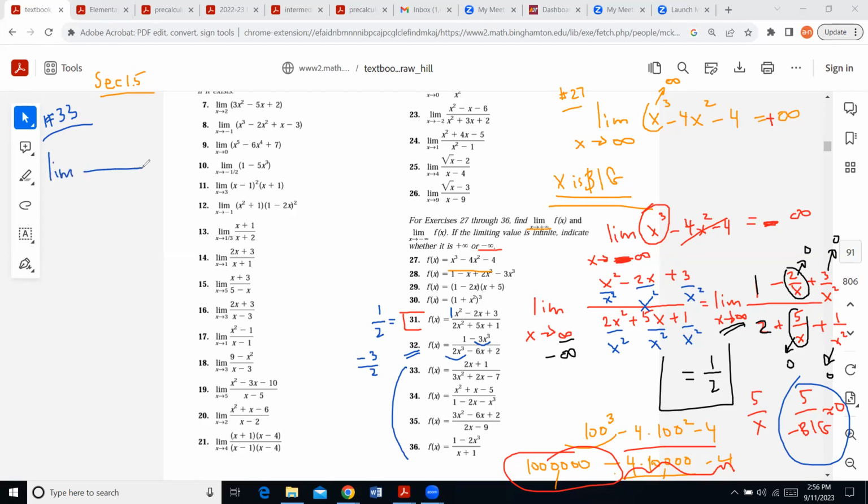So if I take a limit of 2x plus 1, which is divided by something with square, 3x squared, and also plus 2x and minus 7, then what I can do is consider the limit when x approaches infinity.